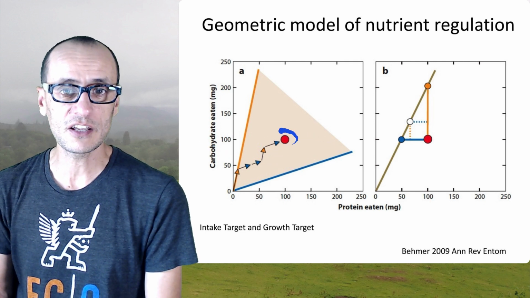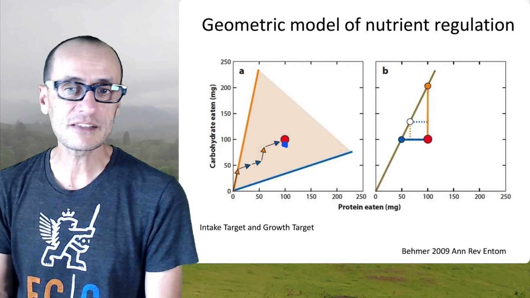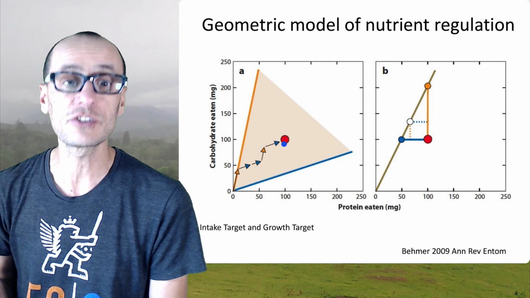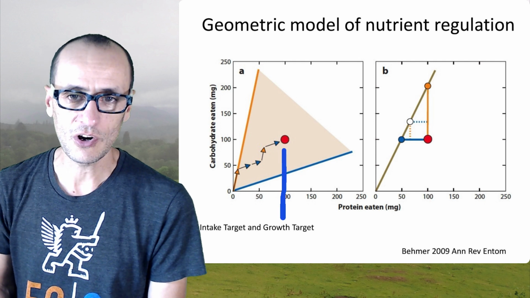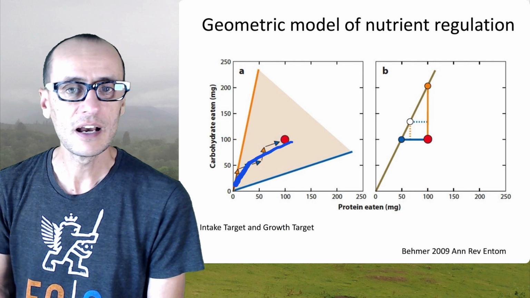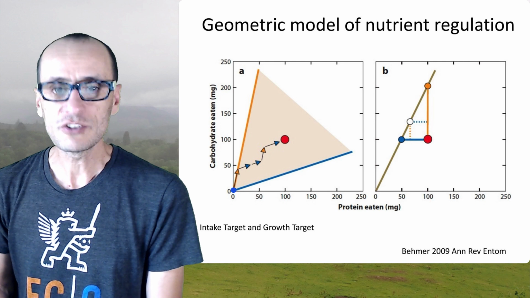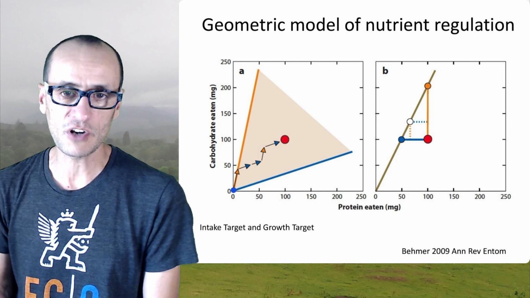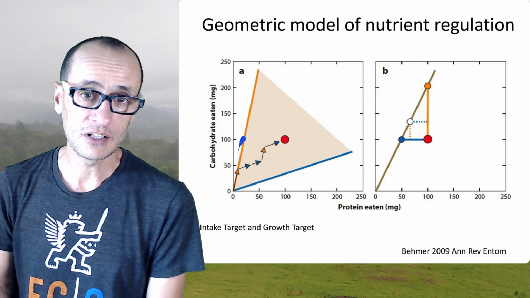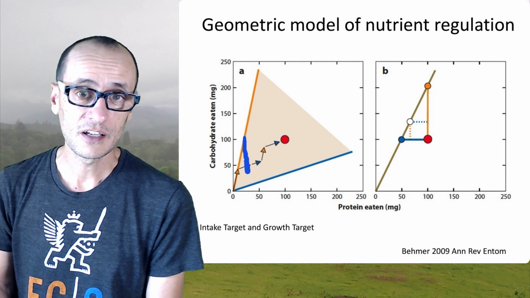That's a different way. And that an ideal target for a particular herbivore might be something that's here. And this is just arbitrarily picked. This is just as an illustration of an example. So 100 milligrams of protein and 100 milligrams of carbohydrates. But the plants that they're feeding on don't have a 1-to-1 ratio of carbon and nitrogen. They might have something that looks like this. Maybe it has more carbon to nitrogen.